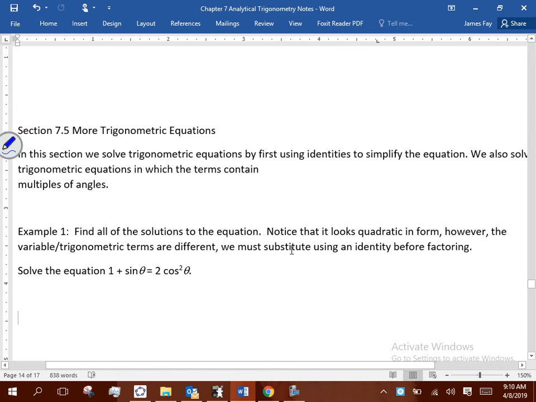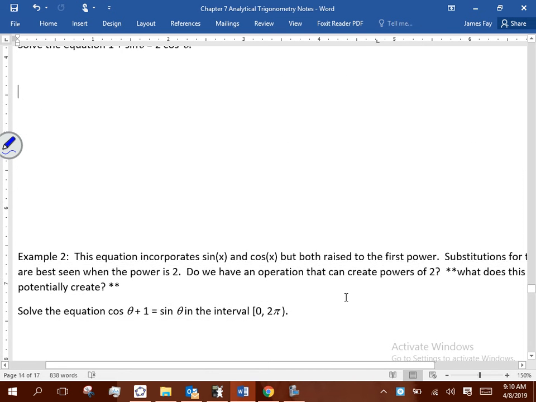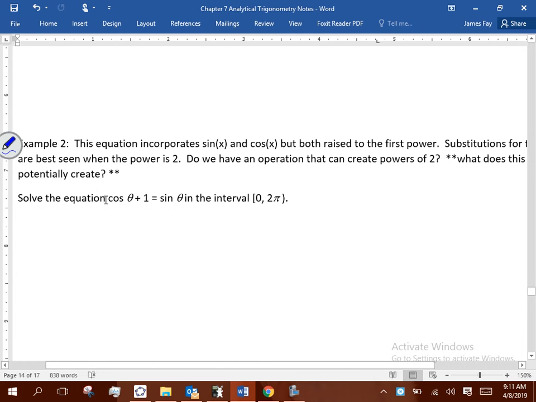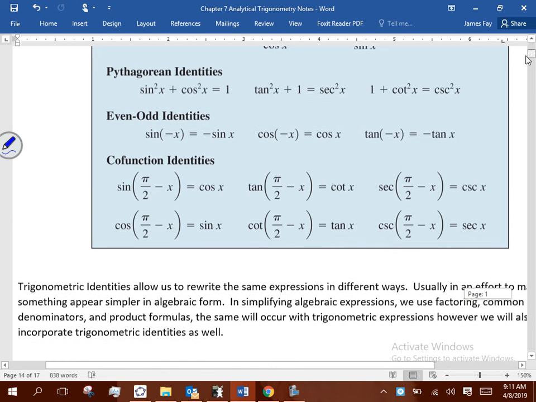The second kind will be something like this, where we've got both the same power, but there are no substitutions that are really useful for cosine theta plus 1 and sine theta, because they're both in the first power. Our useful substitutions with sine, cosine, and tangent are going to be these things.